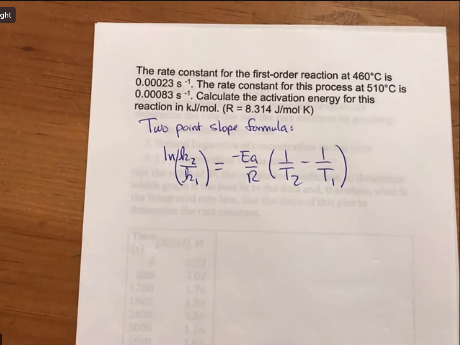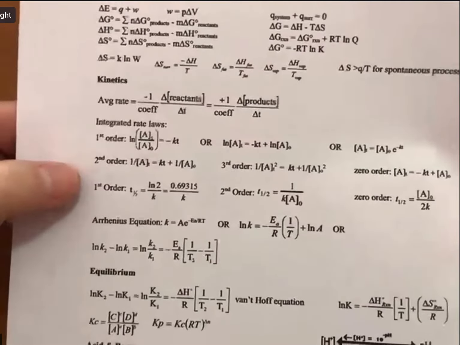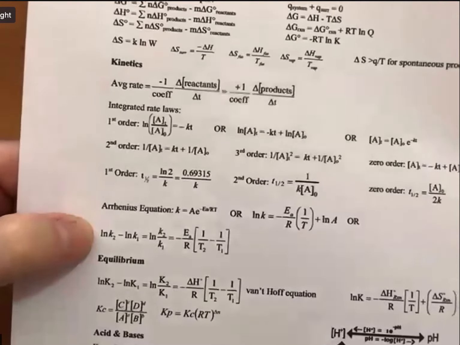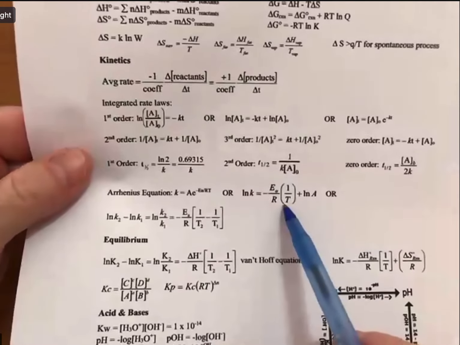I'm trying to think of where you will get this information. I'm going to upload a new equation sheet, and it will have all the integrated rate laws, the 2-point slope formula, and the Arrhenius equation in 2 different versions.